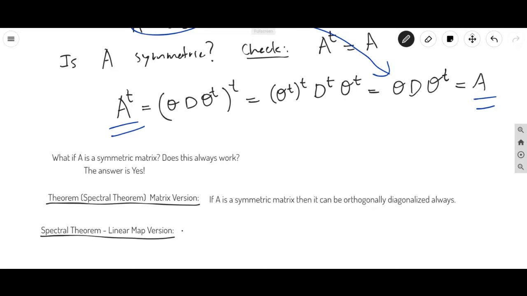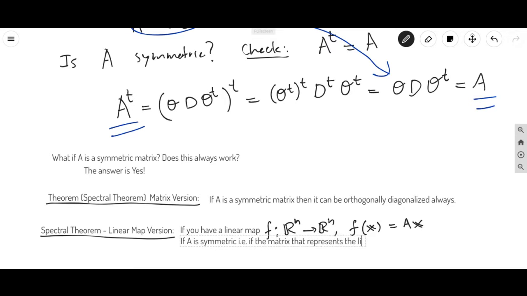It would say that if you have a linear map from Rn to Rn, so your linear map is f of x equals Ax, and if A is symmetric, in other words, if the matrix that represents the linear map is symmetric, then the linear map f has what is known as an orthonormal basis of eigenvectors.